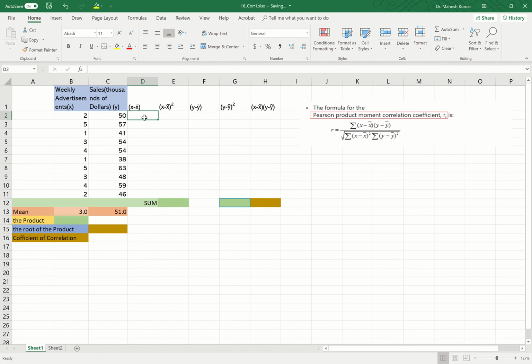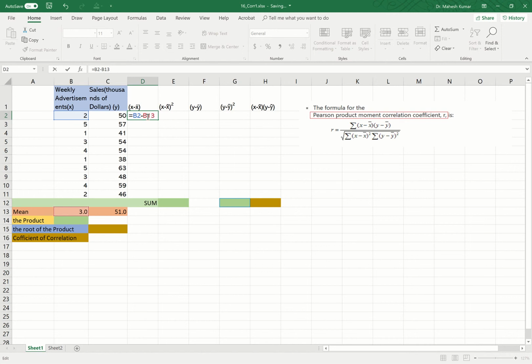Now we calculate x minus x bar. We will calculate this as equal to x, which is in this cell, minus x bar, which is cell B13. But this has to be an absolute reference, which means the mean of x will not change. It will stay the same, 3.